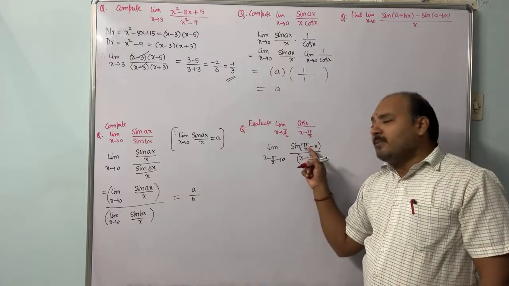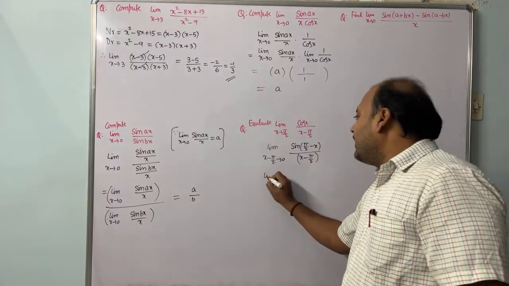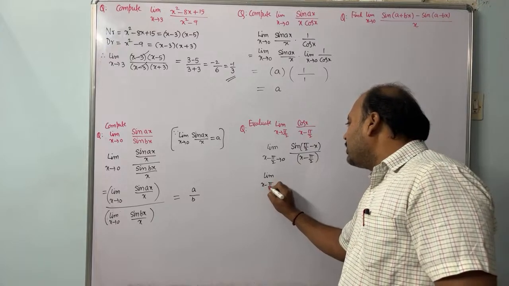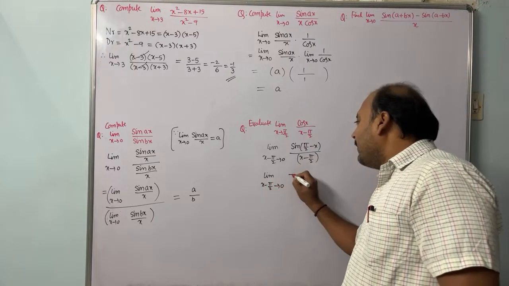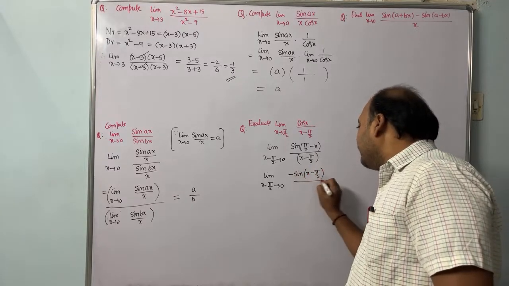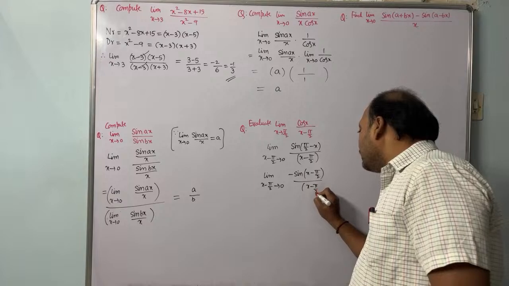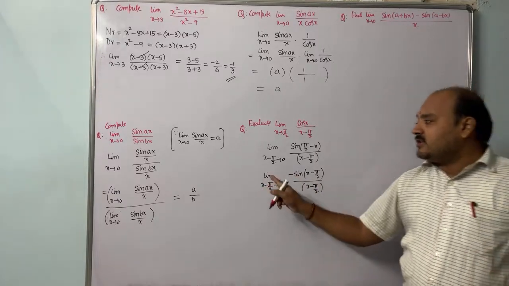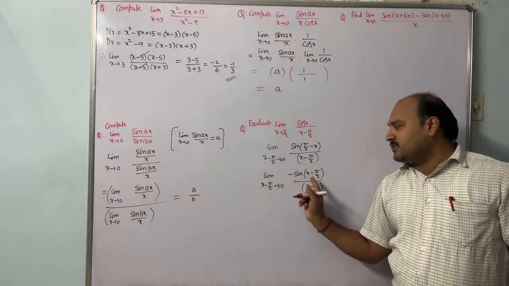So if I take common minus in the numerator, limit x minus pi by 2 tends to 0, if I take x minus pi by 2 common, dear students, by x minus pi by 2, this minus value I bring outside. It is in the form of limit x tends to 0 sin x by x.